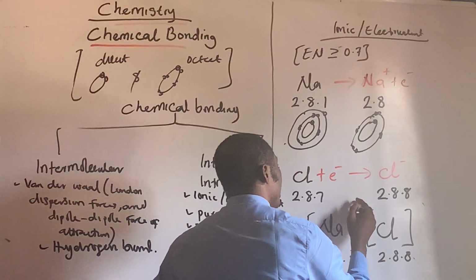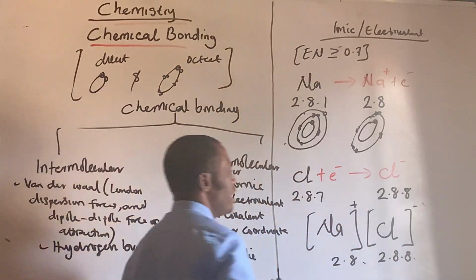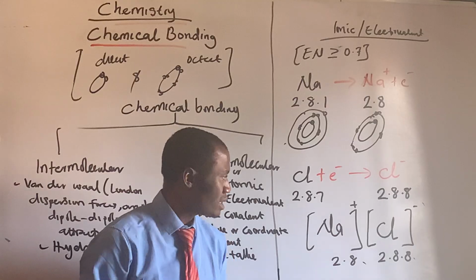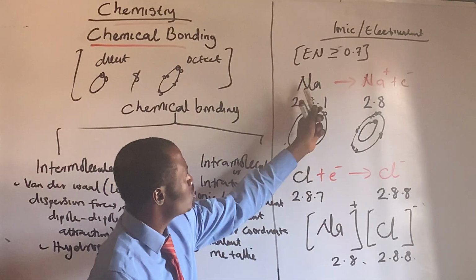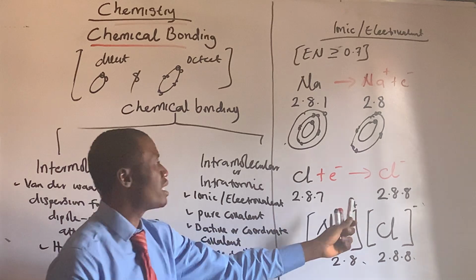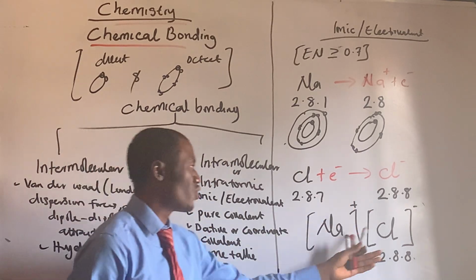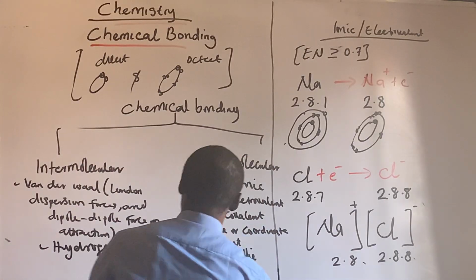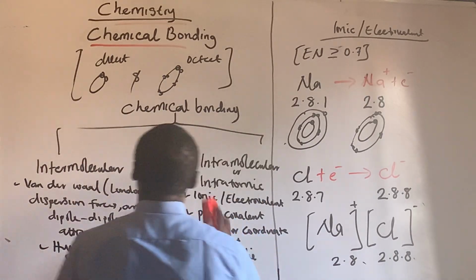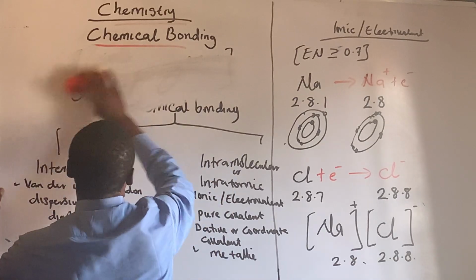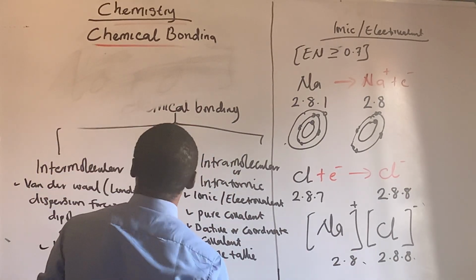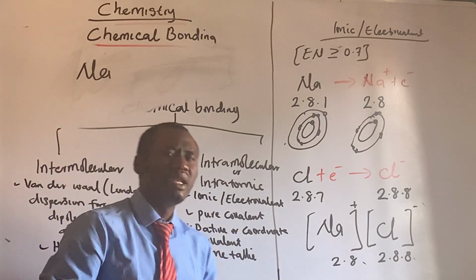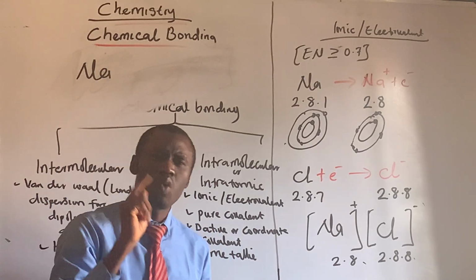So we have a net positive charge and a net negative charge, and this will form sodium chloride, because the electron is transferred from sodium and received by chlorine to form a stable sodium chloride. Let me find something to make more illustration for you. This is what is happening. So I have sodium, and the outermost shell of sodium is just 1.